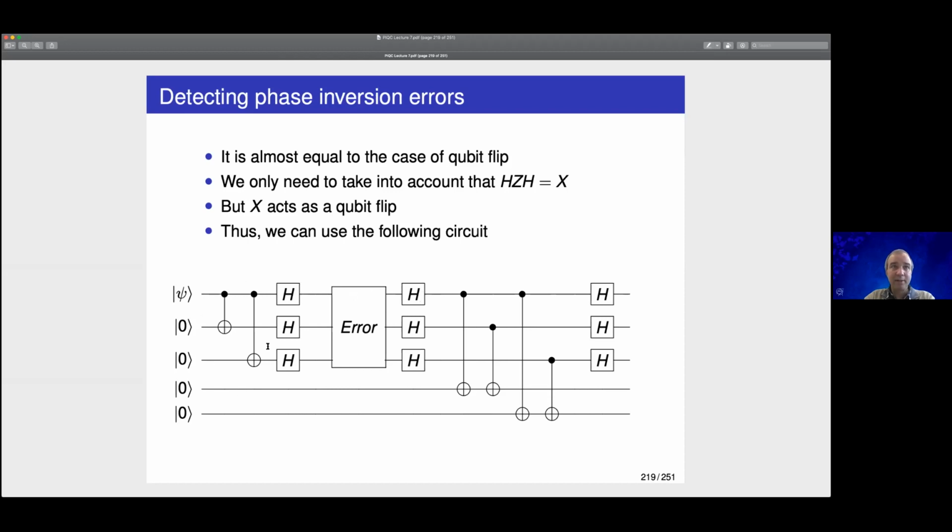But this is the circuit that we use in order to code for this quantum error correcting code that protects against X errors. So then we can use exactly the same syndrome that we used in order to protect against X errors, against qubit flips.